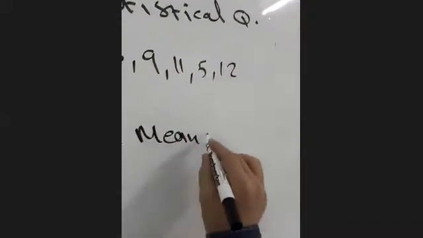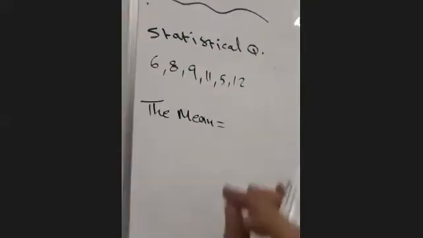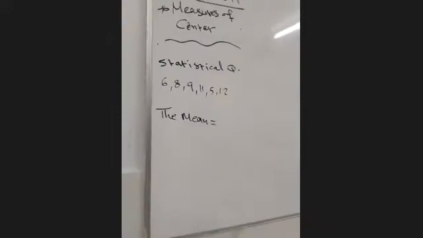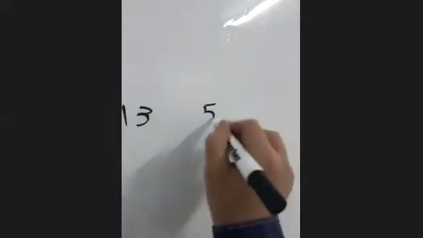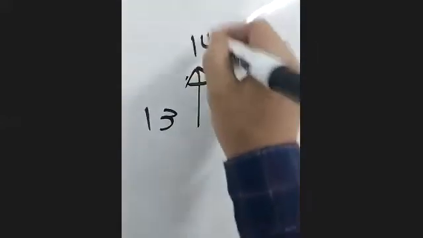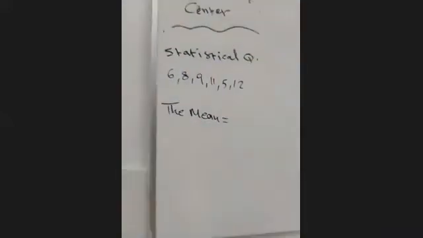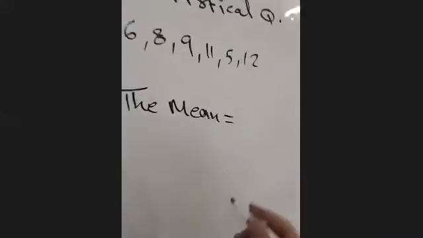and the mean is the average of these numbers. The number which is at the middle, the average. If you have 13 and 15, the average of these 2 numbers is 14, the number in the middle, okay? So here, to find the mean, how do we find the mean, guys?